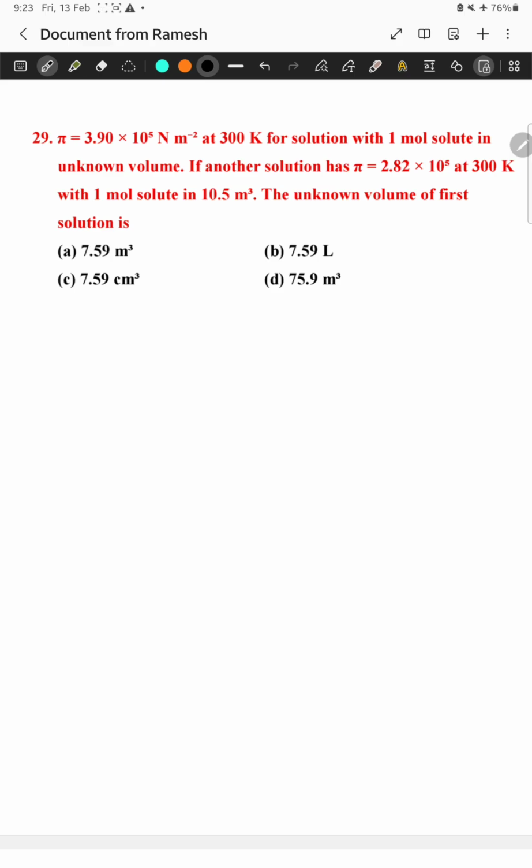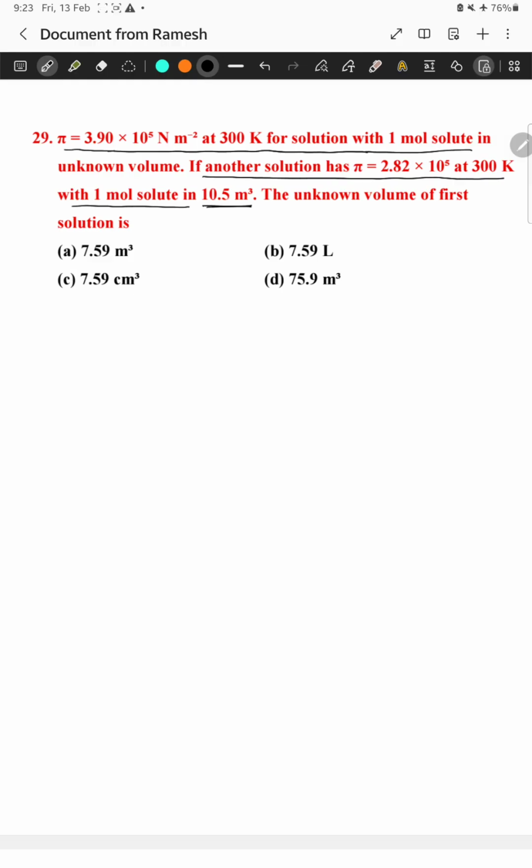Coming to question number 29. You read that osmotic pressure is given at 300 Kelvin for a solution which contains 1 mole of solute. Similarly, another solution whose osmotic pressure is given at the same temperature also contains 1 mole of solute, and its volume is given. So what is the unknown volume of the first solution?